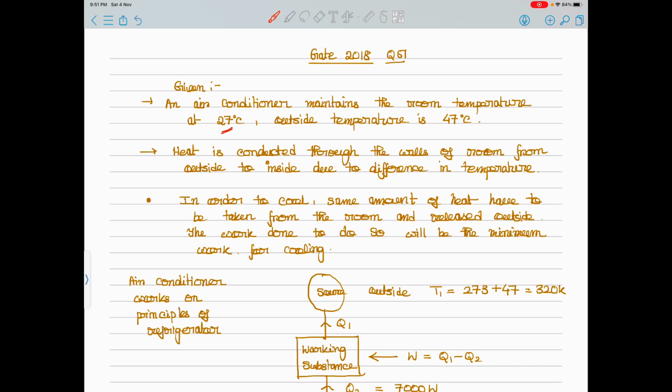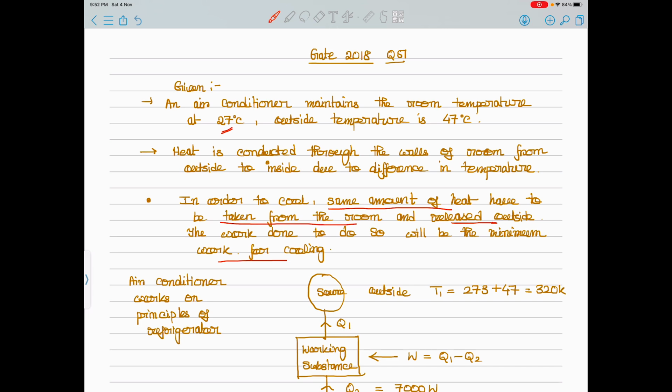Now, if an air conditioner is cooling this particular room, then what will happen? The amount of heat which is coming into the room due to temperature difference, the same amount of heat has to be taken from the room and released outside. The work done to do so will be the minimum work for cooling to this constant temperature of 27 degrees Celsius.